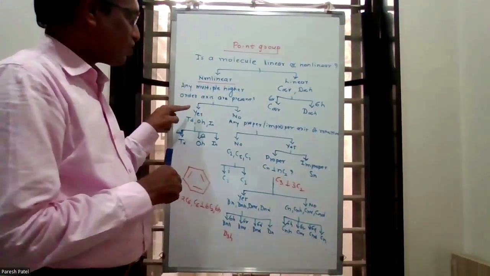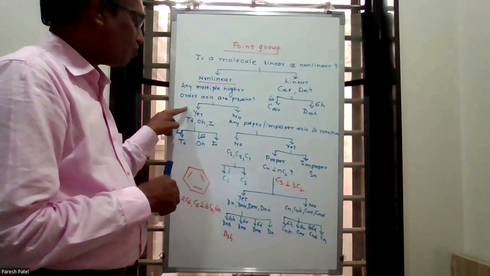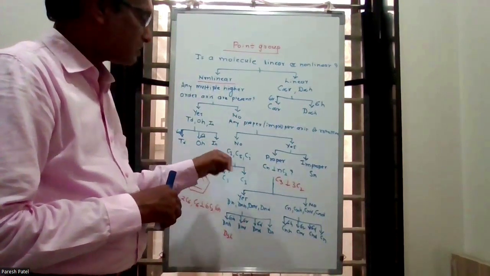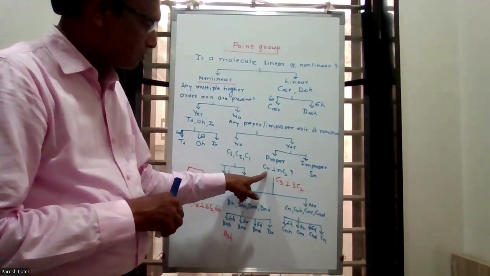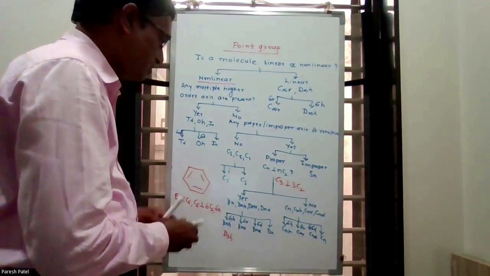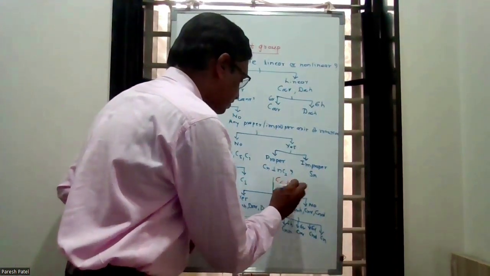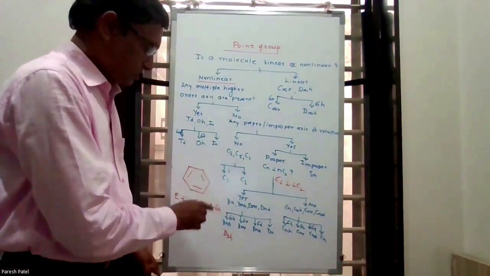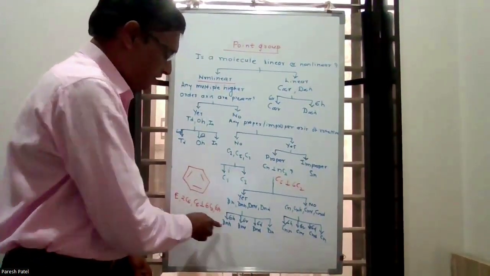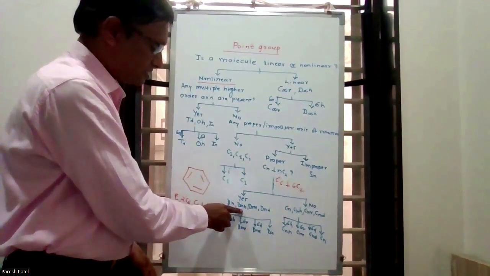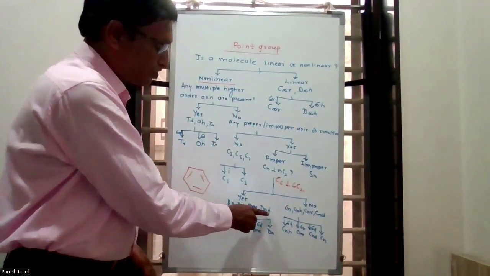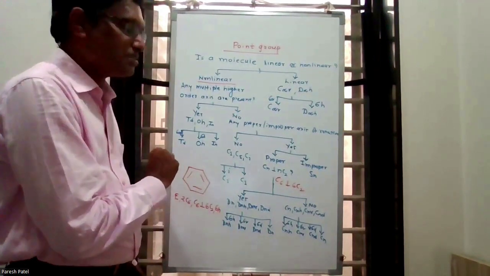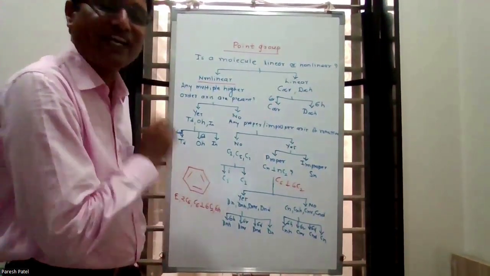Multiple higher-order axes are also absent. It means you have to go for any proper or improper axis. Yes, proper axes are present. Here we check whether C6 is perpendicular to 6C2. Yes. So we have to go for the D option. So the point group may be D6h, D6, D6v, or D6d. But here, sigma h is present. It means the point group is D6h.